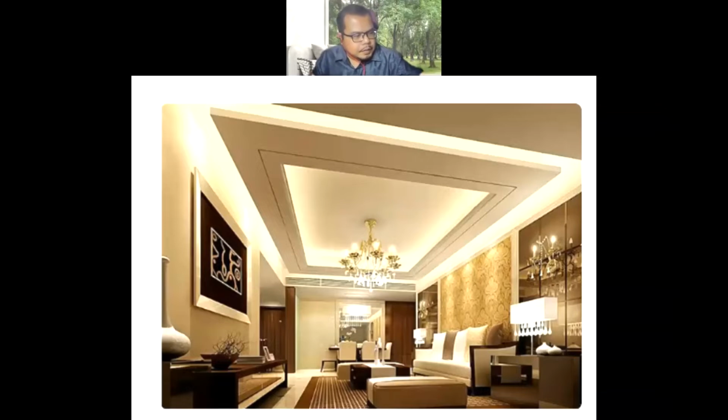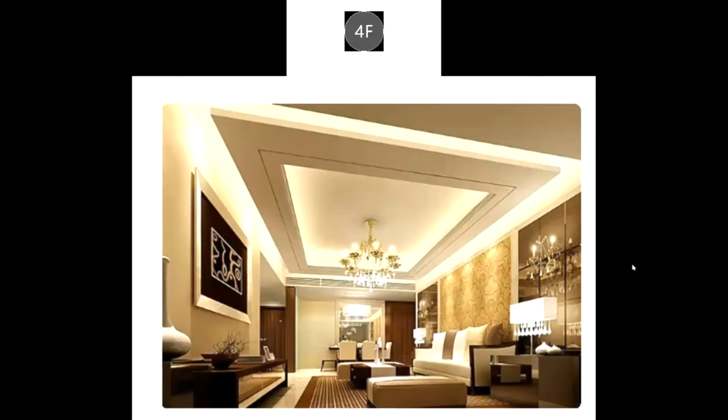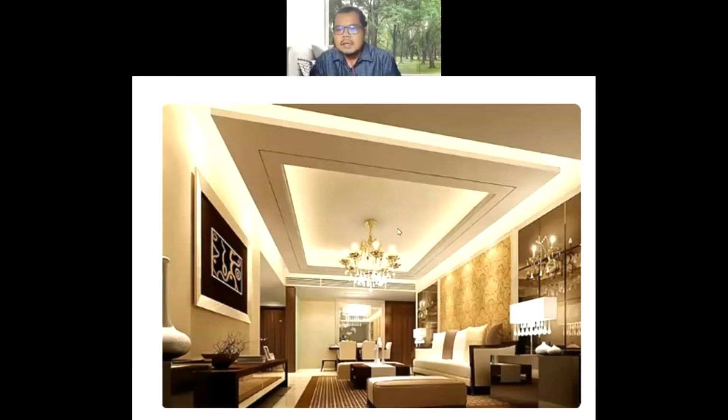Just guess if you don't know the answer. Not the material, I mean the design. What type of ceiling is this? Drop ceiling. Who was that? Sorry, I can't see. Syakir, drop ceiling. Okay, you're right. The name of this design is drop ceiling.